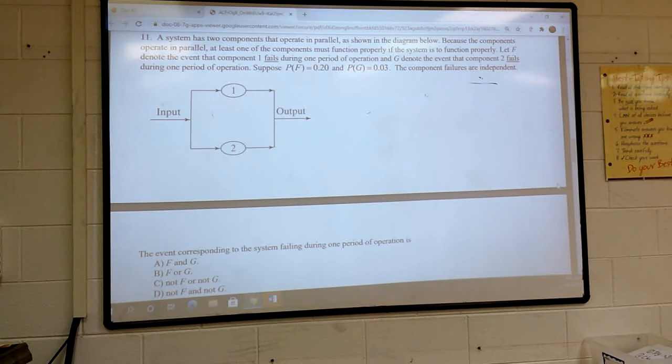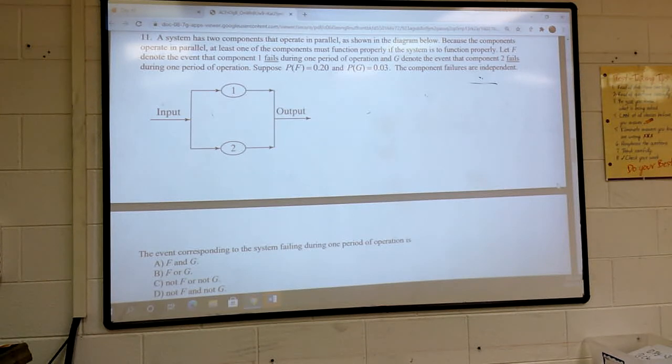It stands for it fails, right? So how many of them have to fail for it to fail? Only one has to fail. Because if one fails during one period of operation, the thing's not going to work. If your charger fails, it's not going to turn on. If the outlet fails, it's not going to turn on. So only one of them has to fail.